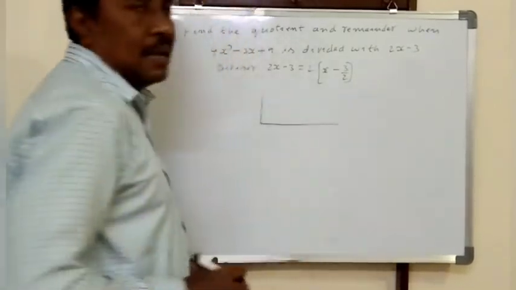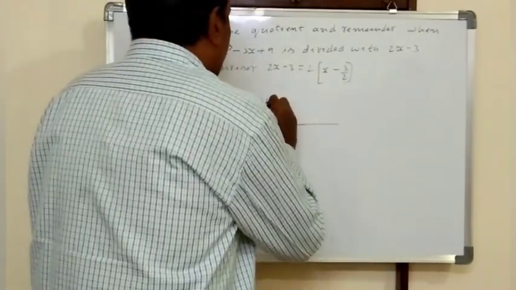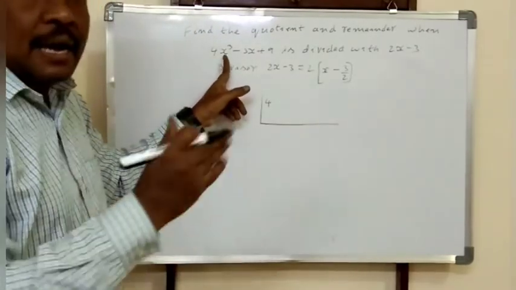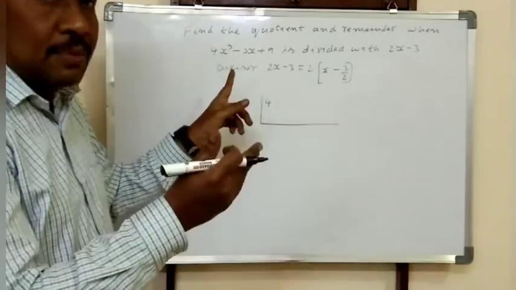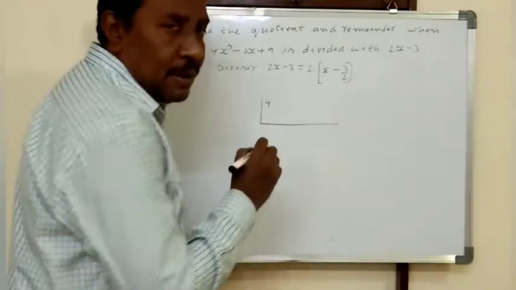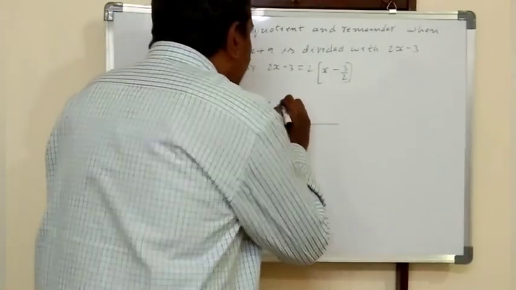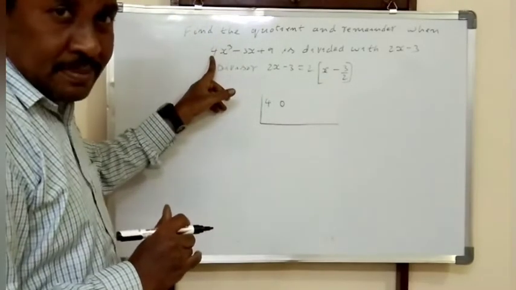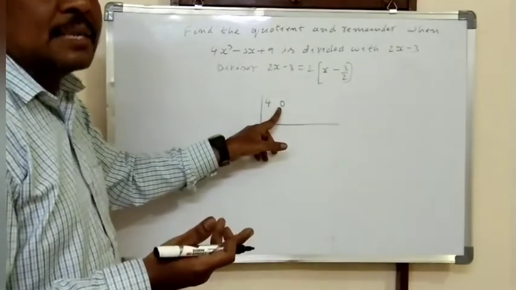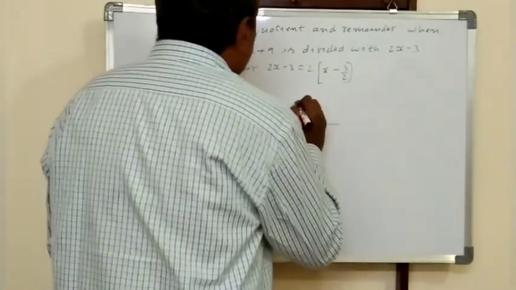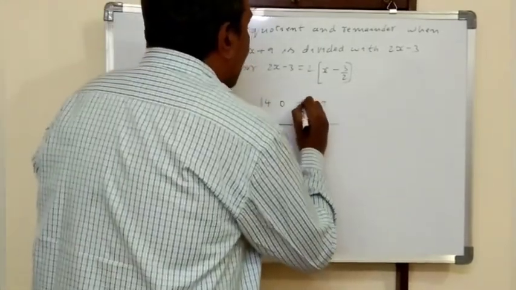Keep it like this: the x cube coefficient is 4. After x cube, the x square coefficient is missing, so we have to keep 0 in place of the x square coefficient. Next, the x coefficient is minus 3, and the constant is 9.